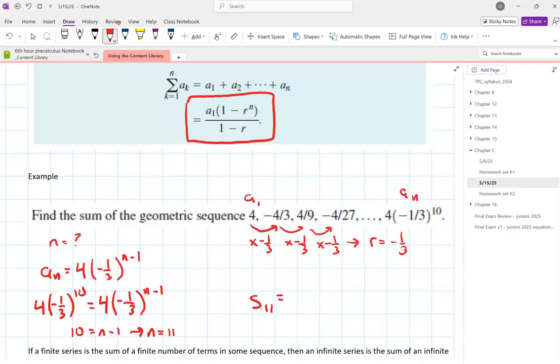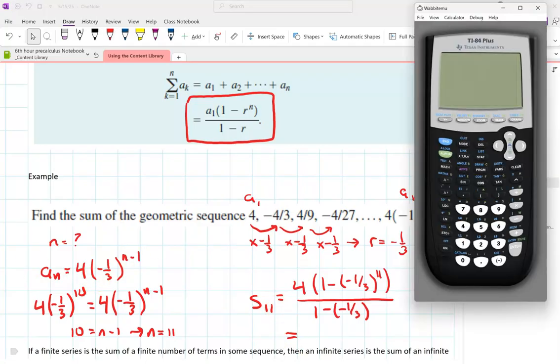So the sum of the first 11 terms is the first term times 1 minus r to the 11th over 1 minus r. And into my calculator that'll go. I'm going to use the horizontal fraction bar command because that looks like it's going to be confusing to get in with parentheses.